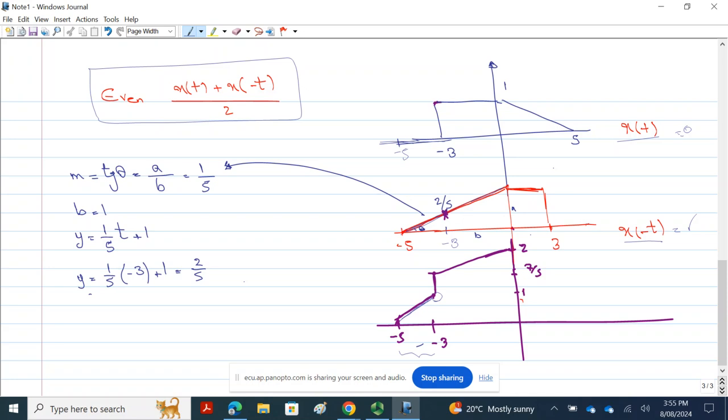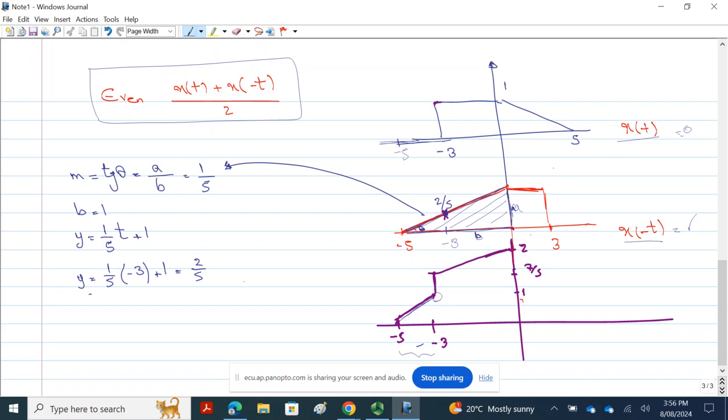I consider this triangle here. I say the slope of this line will be this divided by this. So if I call this A, and I call this B, if I divide A by B, it gives me the slope.